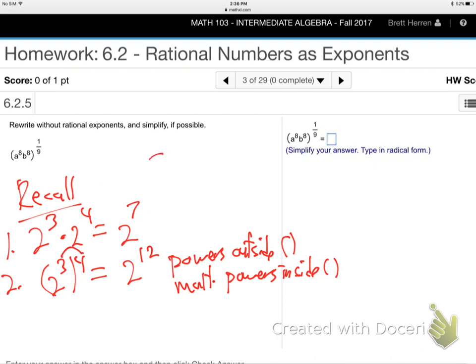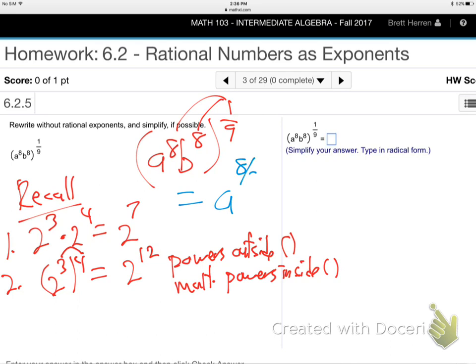So if we have a to the 8th, b to the 8th, all to the 1/9, that power goes boom, boom. Powers outside parentheses multiply powers inside, and what do you get? A to the 8/9, b to the 8/9, we're done. That's the same thing I'm doing here. Just like 4 multiplied that 3 to be 12.